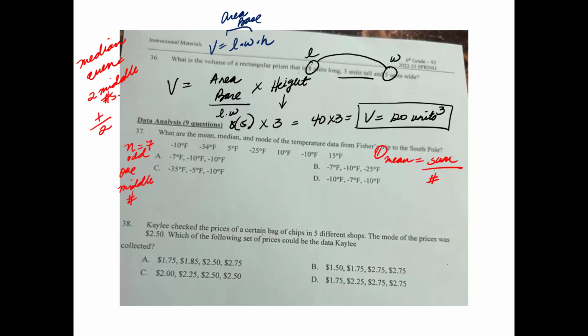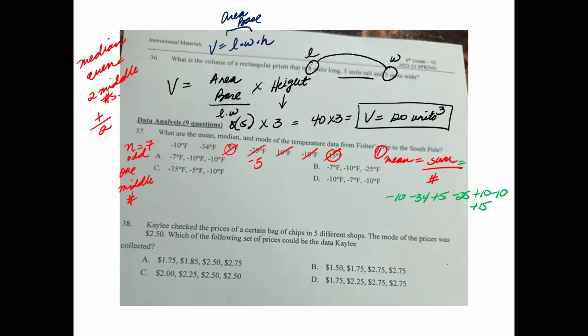Let's add everything together: -10 minus 34 plus 5 minus 25 plus 10 minus 10 and then plus 15. Immediately, these two are going to cancel. 5 and 15 give you 20. -25 plus 20 ends up with -5.